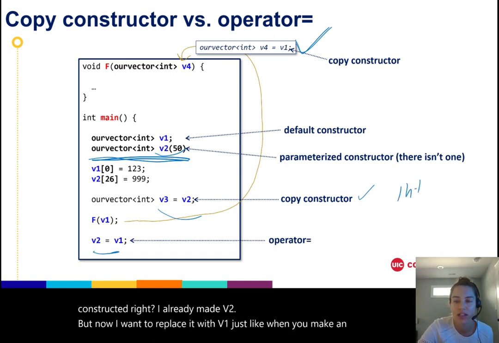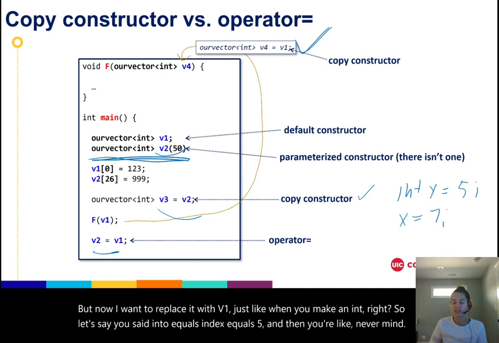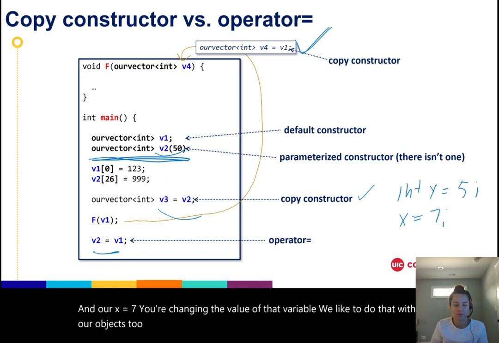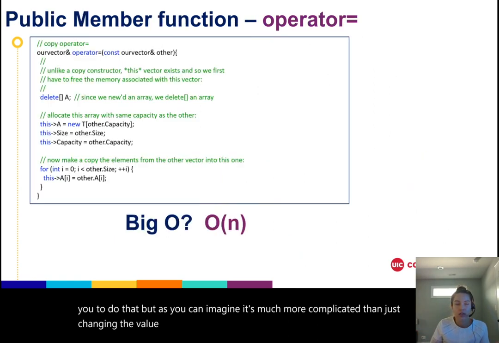Let's say you said int x equals 5, and then you're like, never mind, x equals 7. You're changing the value of that variable. We like to do that with our objects too. We just want to change them. And so the operator equals allows you to do that. But as you can imagine, it's much more complicated than just changing the value of an integer.